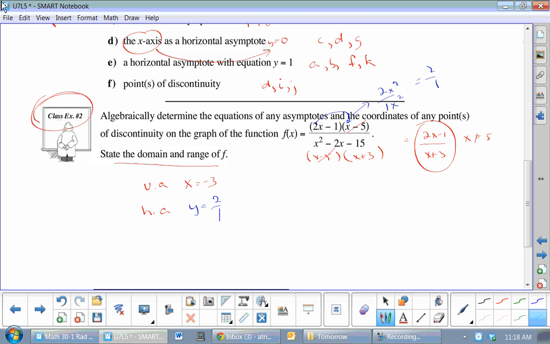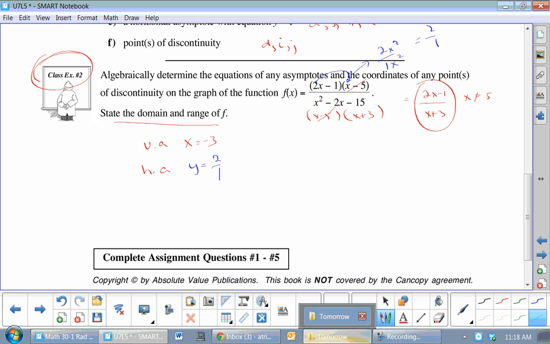Because if the 2x minus 1s would have canceled, I would have got this one wrong if I would have looked at my factored one. So it's not a good example in what you just brought up. Students can start to make generalizations just off this one, and the generalization they made is, hey, why can't I just use this one? Okay, because probably half the time it'll be wrong. Okay, you have to use your original. It's a good question. Okay, now I've got all my vertical, all my horizontal.